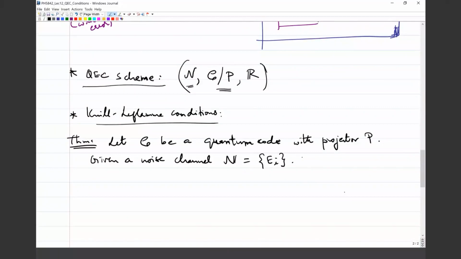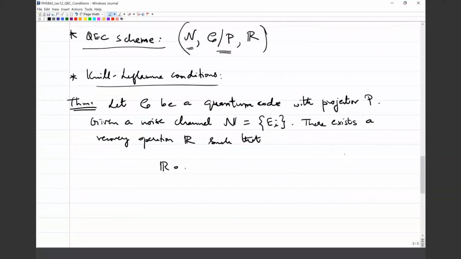So there exists a recovery operation R such that after the action of the noise and the recovery on any state, I'm just writing a density matrix in general, we get back a density matrix that is up to some weight proportional to itself, right?